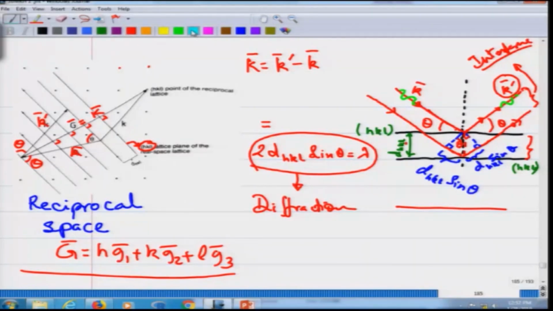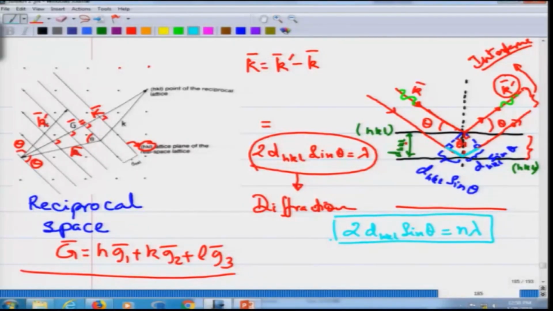With respect to the upper beam, the beam which is striking the lower plane is travelling an extra distance, and this extra distance you can show is d_hkl sin theta. So, the extra distance travelled is 2 d_hkl sin theta, and the condition for constructive interference is n lambda. So, 2d sin theta is equal to n lambda.